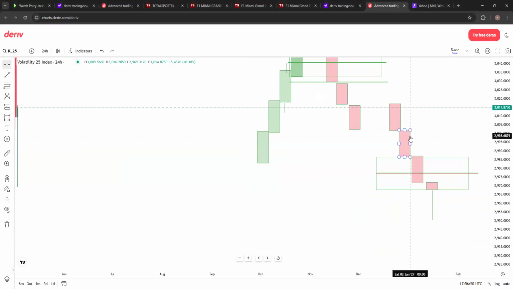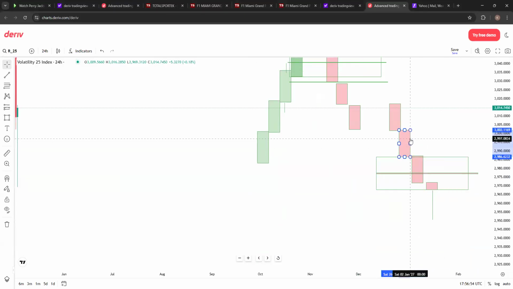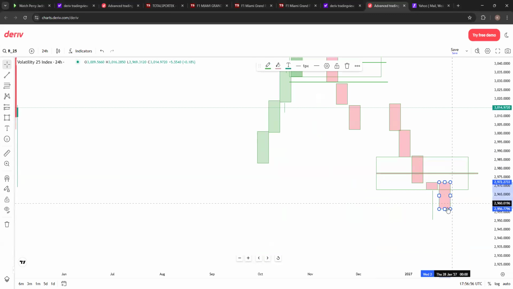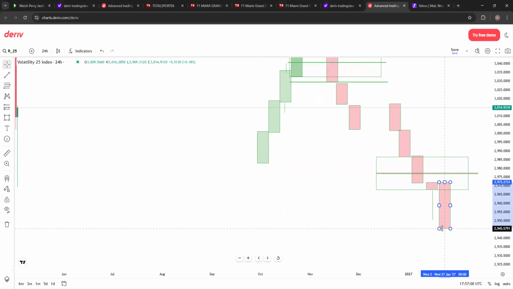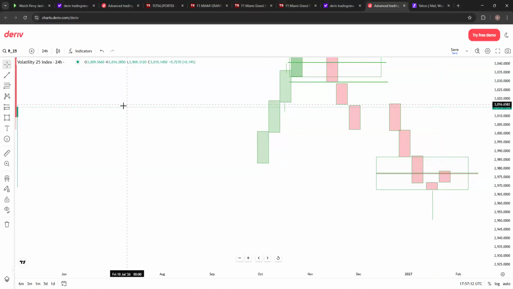So if a candle comes and closes below this signal candle, the candle that was supposed to confirm just as we did on the evening star, it's telling us that it's not a valid entry. But if it comes and taps on the 50% of that range, we take our aggressive entry.